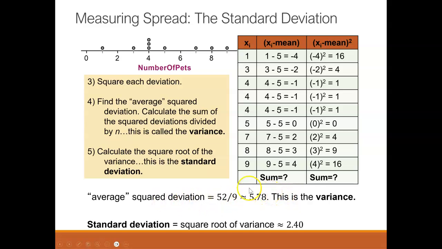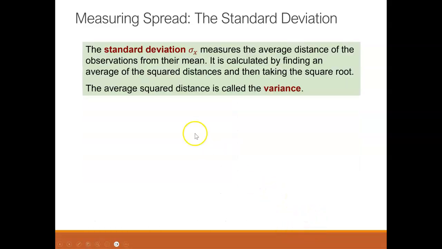So again, my average of the squared was the variance, that's 5.78. When I take the square root of that, that's my standard deviation, 2.40. So there's actually 2 different kinds of standard deviation: population and then sample standard deviation.